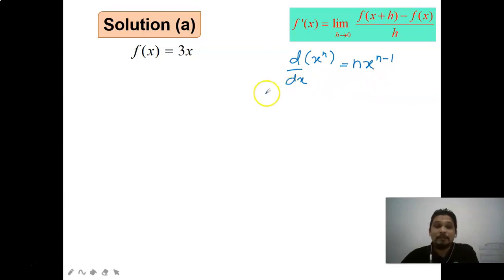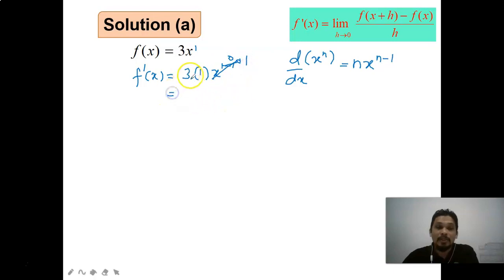Okay, so maybe we call for this question f prime equal to, okay, 3, this is 1 here, so then times 1 to the power of x, 1 minus 1, 1 minus 1 equal to 0, so x to the power of 0 equal to 1.